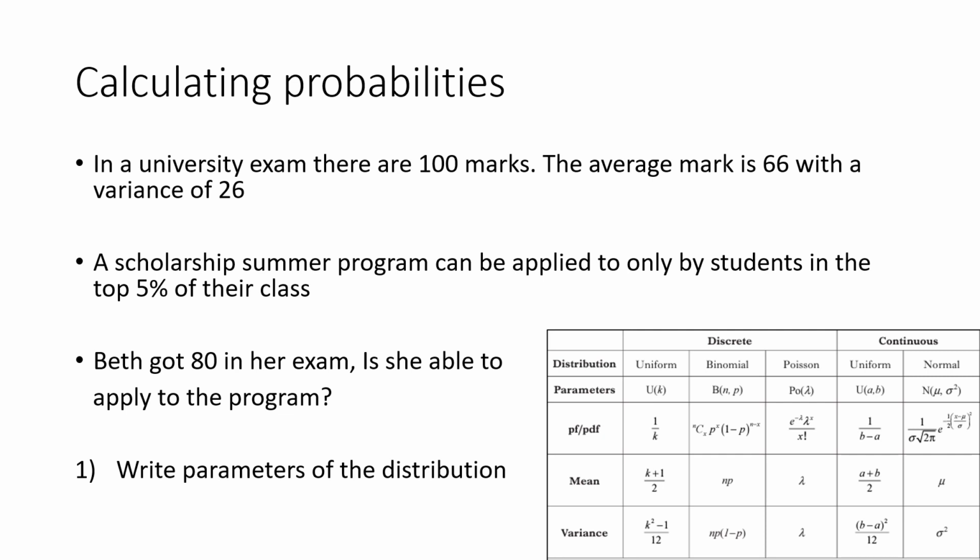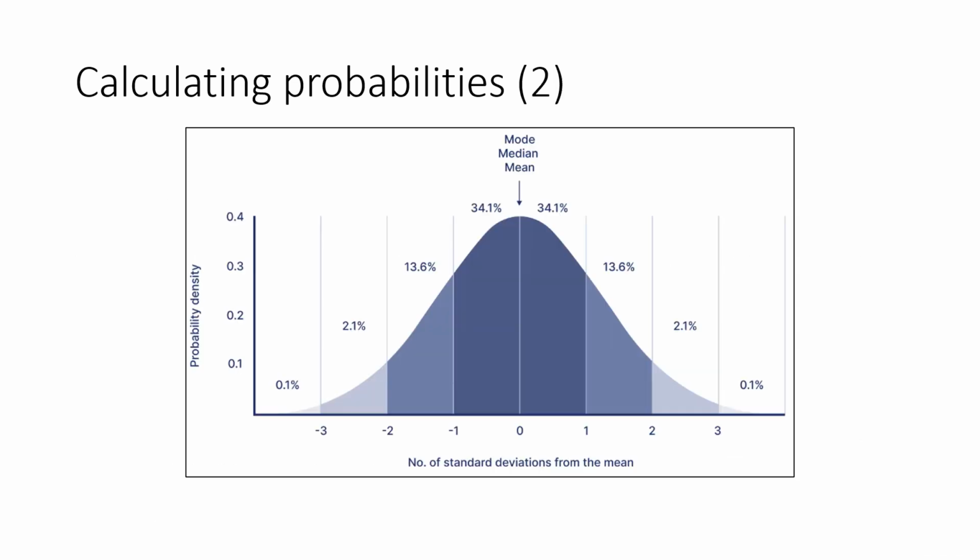So first thing we always do is write the parameters of the distribution. So that means N, the average, which is 66, and the variance, which is 26. And that's us already gone a mark in an exam question. What we are trying to find here is if Beth is in the top 5% of her class.